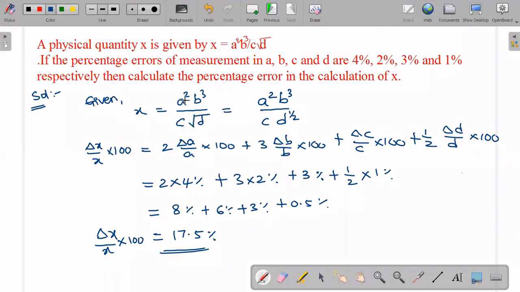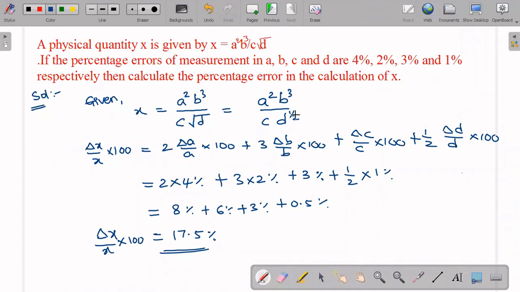So what we have done there is, we write the percentage error of each value directly. If powers come, the power comes forward: 2 into delta a by a into 100. Here the power for b is 3, so 3 into delta b by b into 100. C power minus 1 comes, but we won't write a minus when we are writing errors, so that minus 1 also we write as plus 1 into delta c by c into 100.